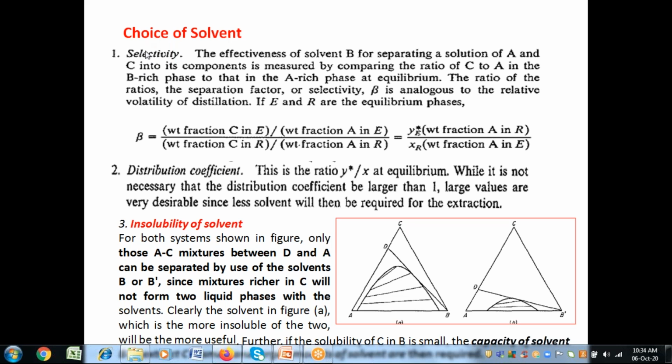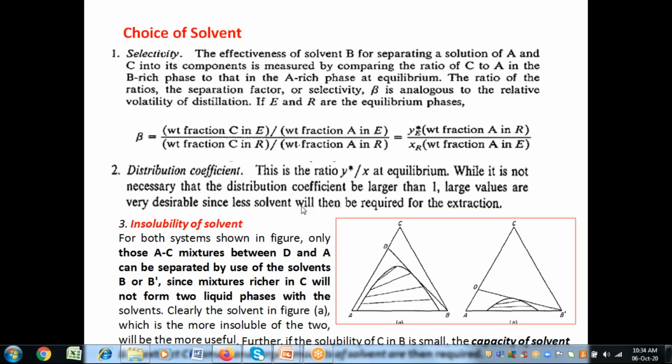So one is the selectivity, which you see whether it is greater than 1 or not, and another one is the distribution coefficient, which you will see is very high or low. The cost and the consumption both can be compared later, because if the distribution coefficient is very low but the solvent is cheap, even though it is consuming more, you can go for that type.